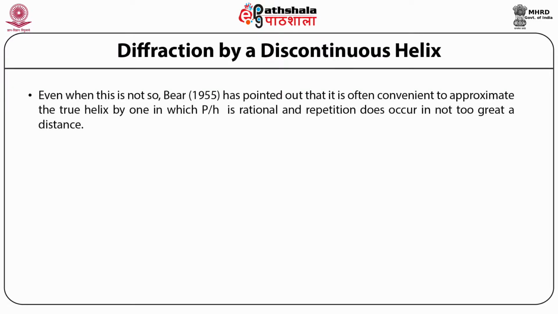Even when this is not so, Beer has pointed out that it is often convenient to approximate the true helix by one in which P over h is rational and repetition does occur in not too great a distance. One can then index the pattern in terms of layer lines, capital Z equal to l over c.